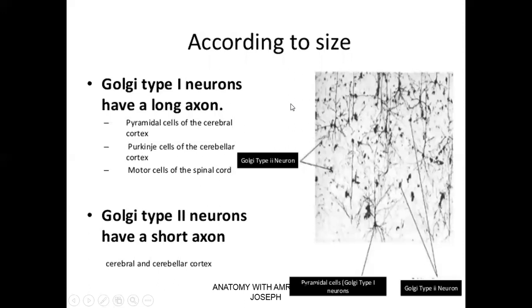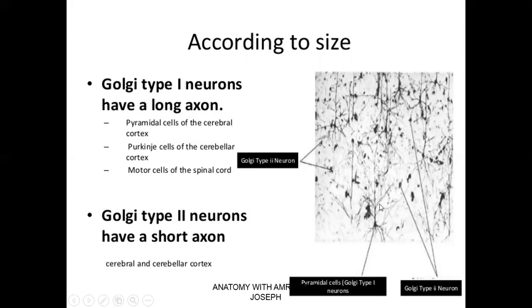This is another classification, according to the size of the neuron: Golgi type 1 and Golgi type 2 neurons. Golgi type 1 neurons generally have a long axon, and they are seen in the cortex. An example is the pyramidal cells of the cerebral cortex.